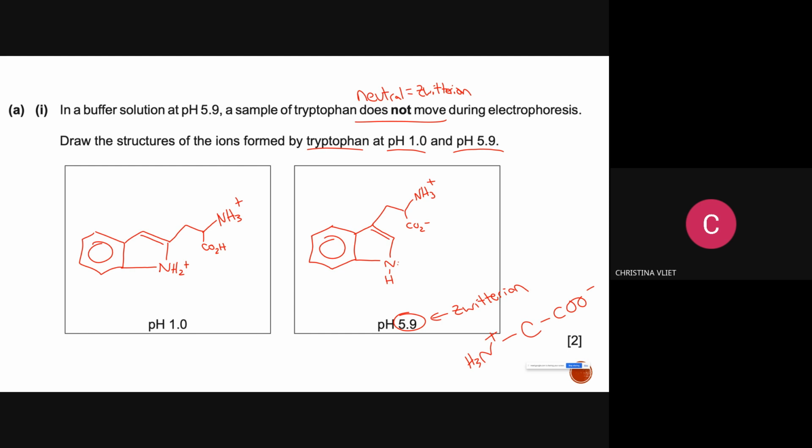At the zwitterion, you have to have it like this. That's at the isoelectric point, where you don't touch the R group. But at a low pH, you must give everything that can gain an H plus an H plus. So all should be in the acidic form. Any acid or base has to gain an H plus.